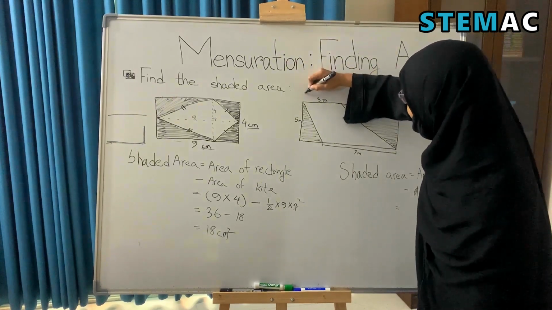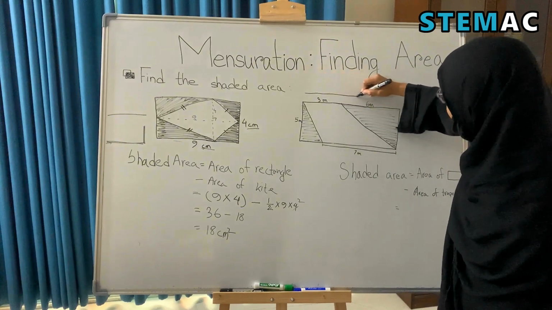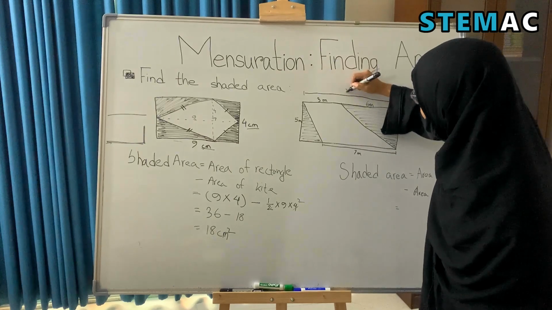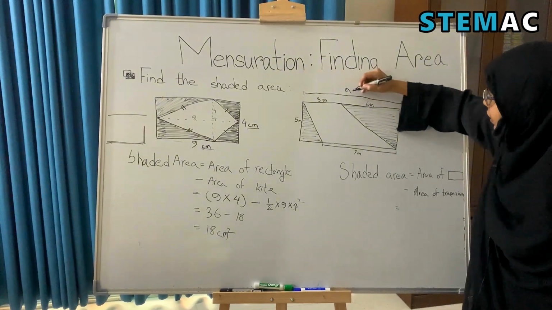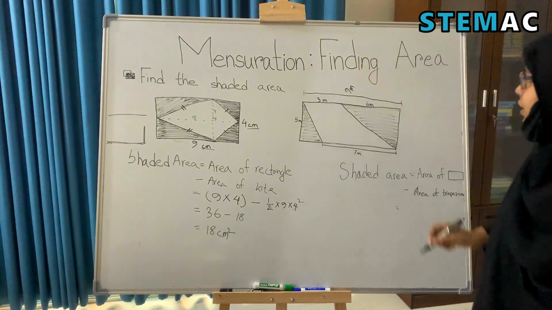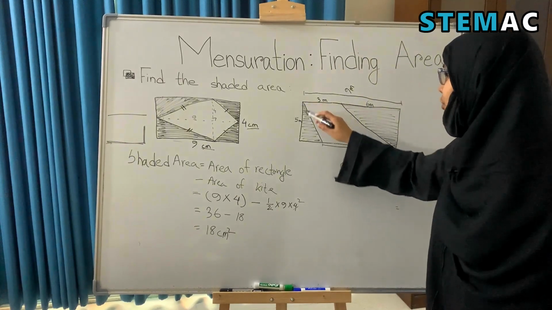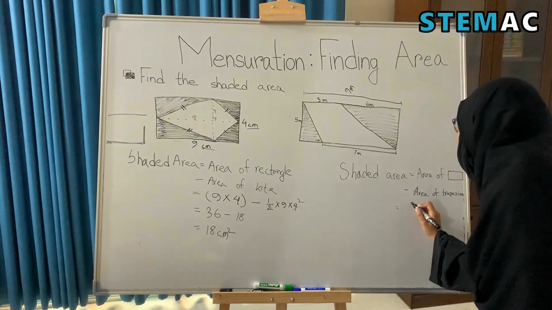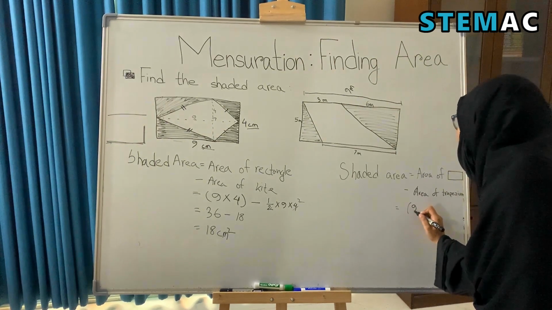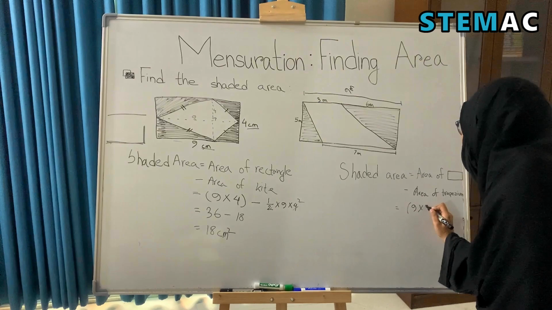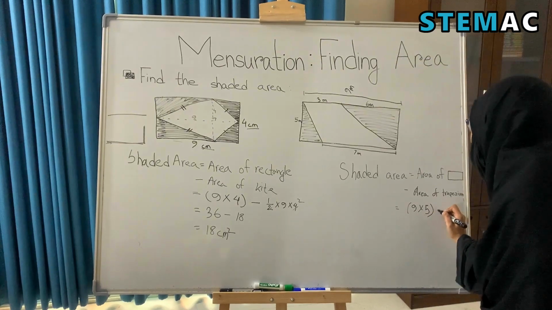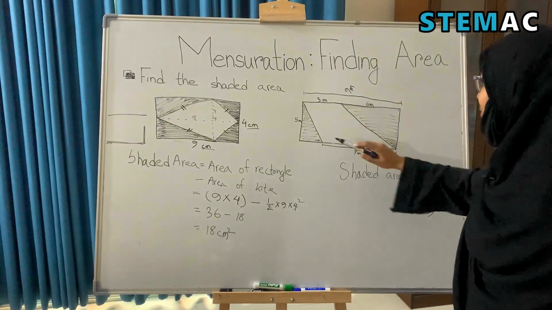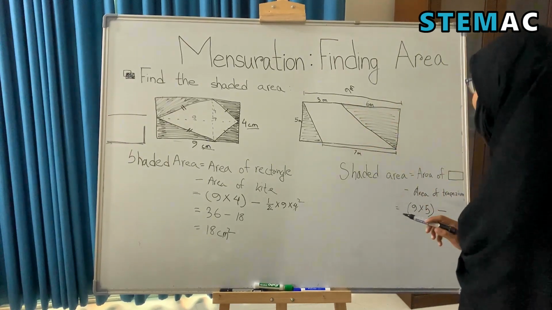So, that makes this length 9 centimeter, sorry, it is meter, and the breadth is 5 meter. So, area of rectangle would be 9 into 5 minus area of trapezium. We are going to remove the trapezium from the rectangle to get the shaded area.